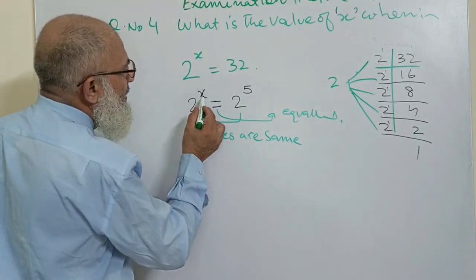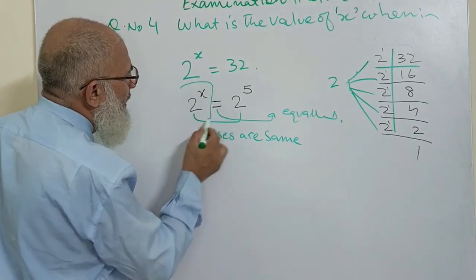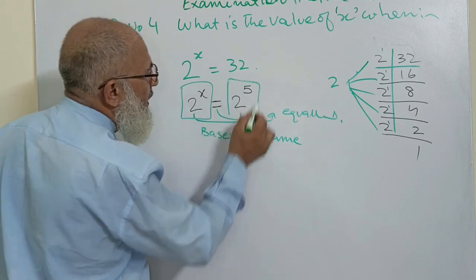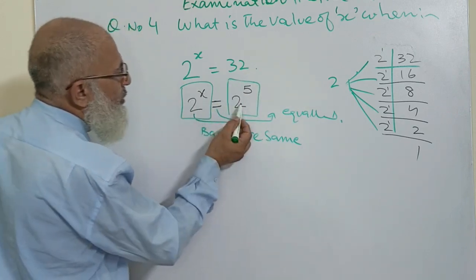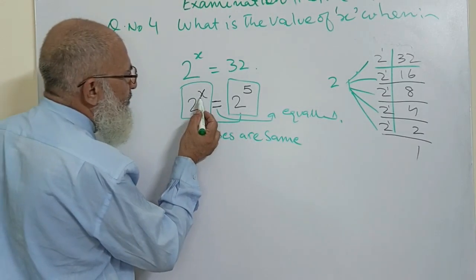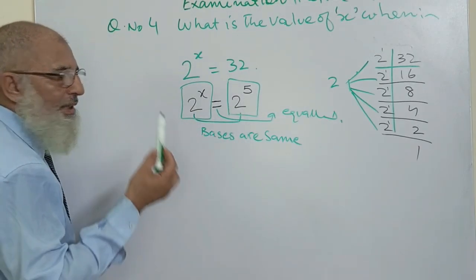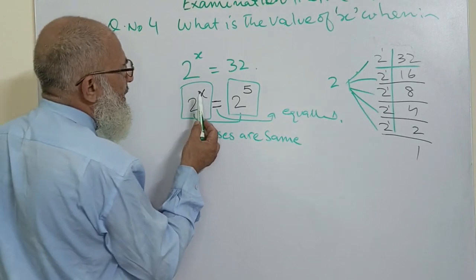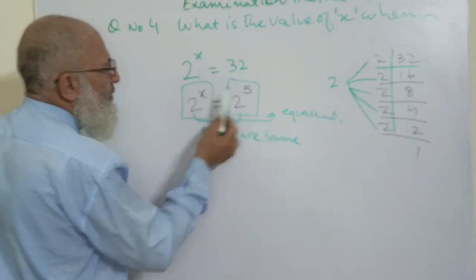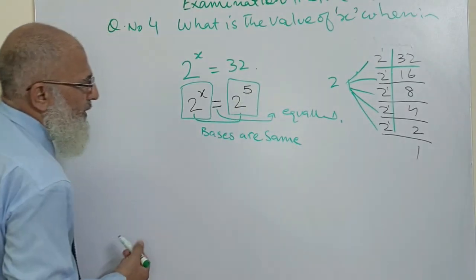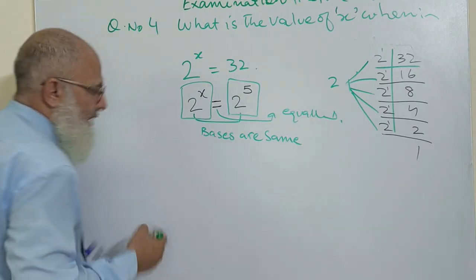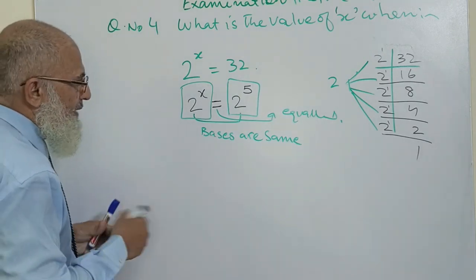So this whole thing is equal to this whole thing. When 2 is equal to 2, it is necessary that x must also be equal to 5. So here the answer is x is equal to 5.